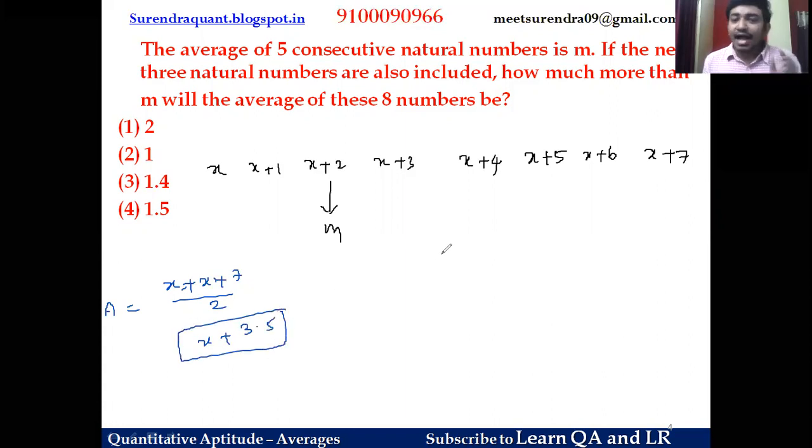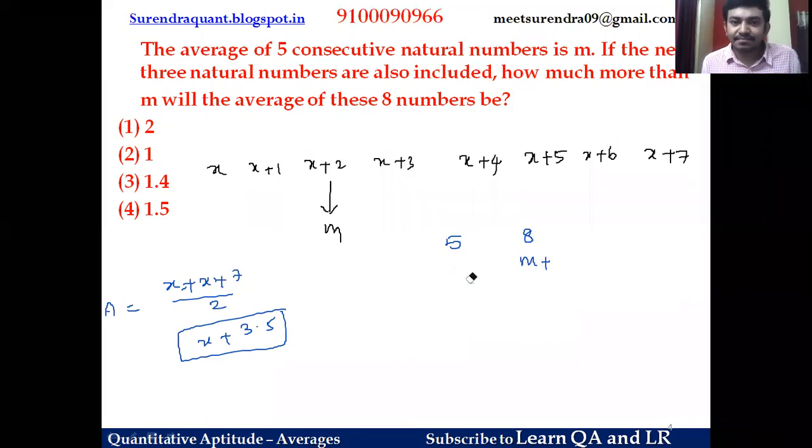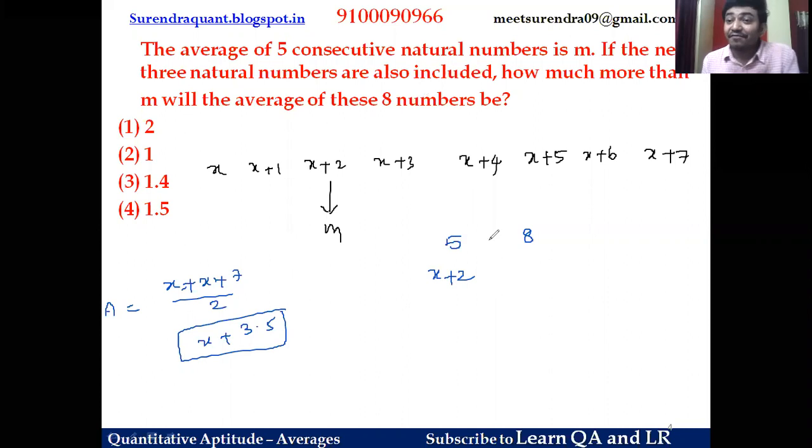So the average of the first 5 natural numbers is x plus 2, and that of the 8 natural numbers is x plus 3.5.